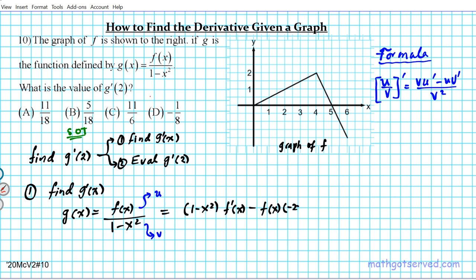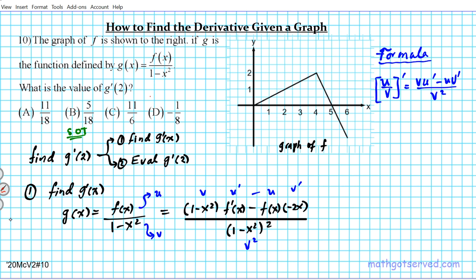So that's going to be negative 2x. And this entire thing divided by v square. Okay, so 1 minus x squared, squared. So let's just indicate what we just did. We did vu prime minus uv prime divided by v square. That's a quotient rule for you.